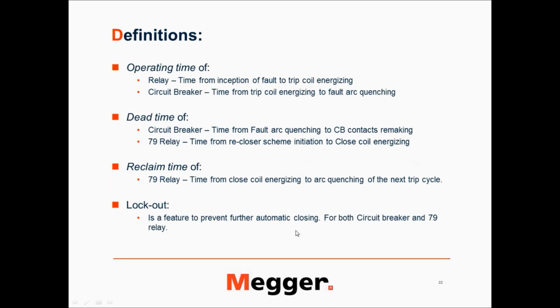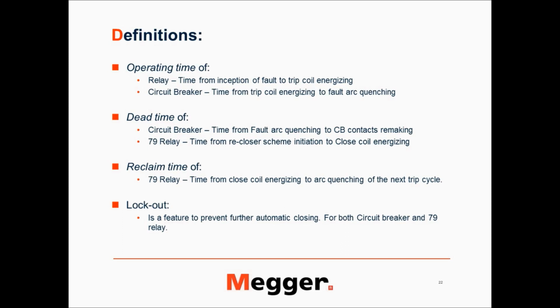And lockout, we have discussed quite a few times in the previous slides. Lockout means there are not going to be any more reclosure signals sent back to the circuit breaker after that. So that is what a 79 lockout means.